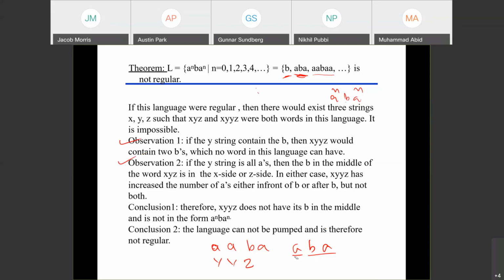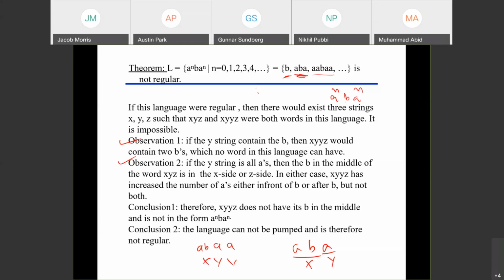Let's say this way, this is X, this is Y. Now if you pump that, it will be A, B, A with extra A's. This is again a violation of the language according to observation 2, because you should have the same number of A's on both sides, whereas it has two A's in the following position and one A in the leading position. It is a violation of the language.